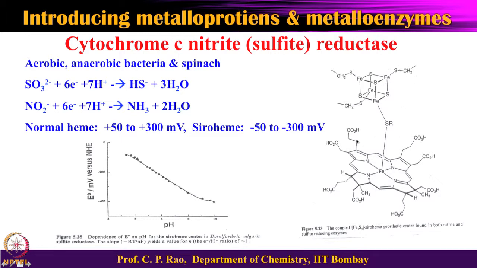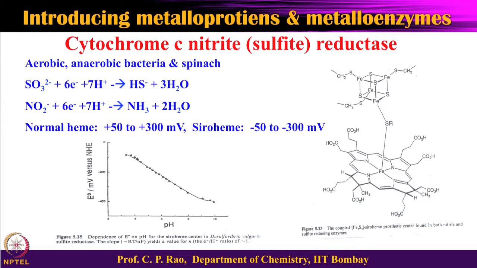The normal hemes we have looked at earlier have potentials of plus 50 to plus 300, whereas the siroheme, depending upon the groups changed here as well as the protein surrounding it, can go between minus 50 to minus 300. Why do you require such a center? Because you are going to reduce NO2 minus to ammonia.